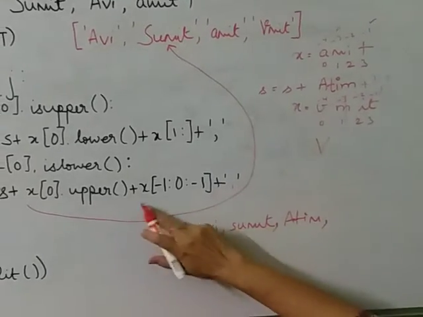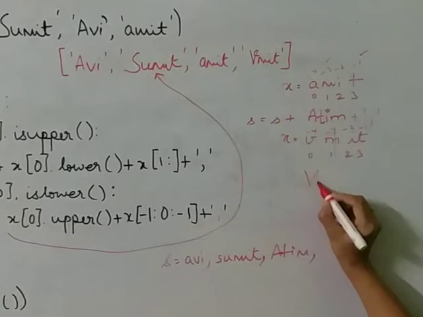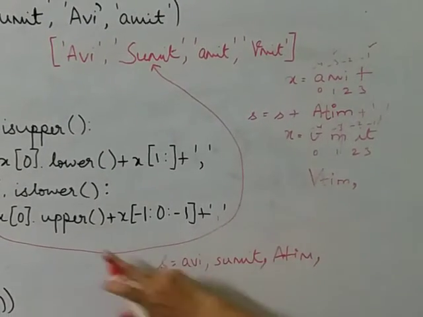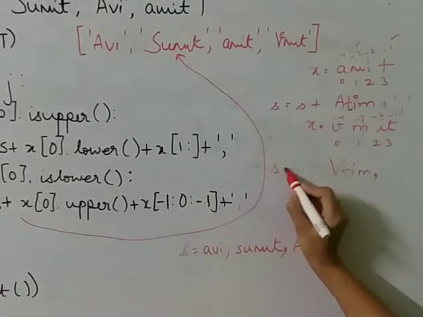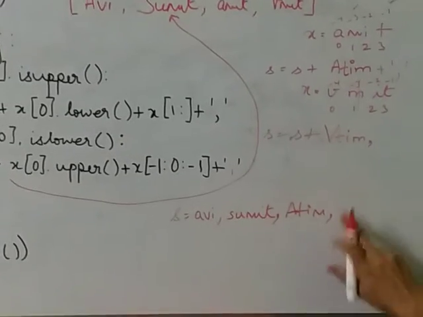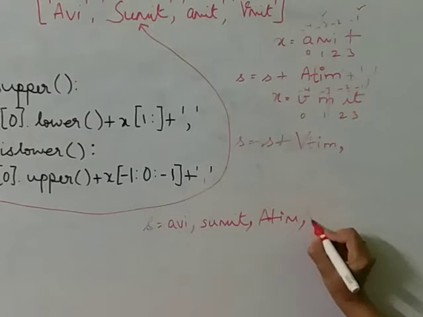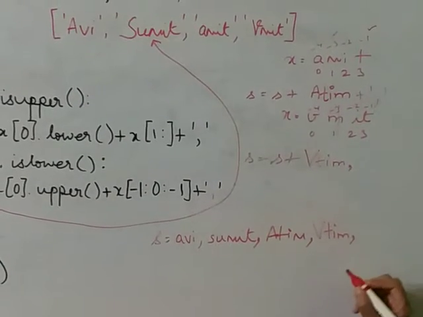So you have to concatenate it plus this one, the whole concatenation will be T, I, M and comma. This whole is this one. Now add it with S equals S plus, the current S is this, and add this value also. So what will it be? It will be V, T, I, M and comma.